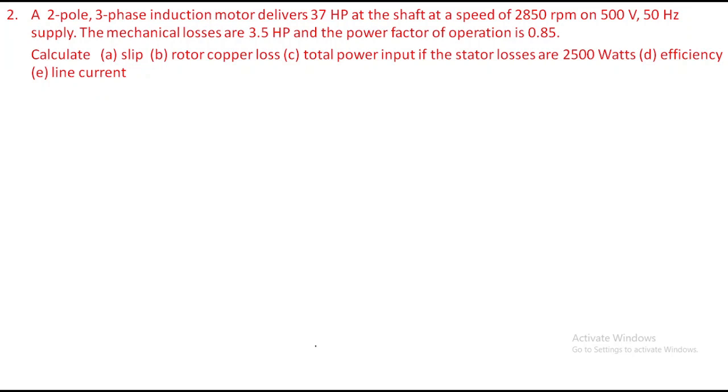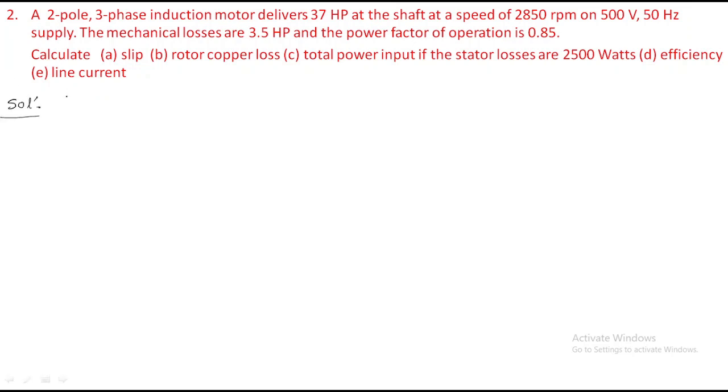The mechanical losses are 3.5 horsepower and the power factor of the operation is 0.85. Calculate: first, the slip; second, the rotor copper loss; third, the total power input if the stator losses are 2500 watts; fourth, the efficiency; fifth, the line current. This is the given problem. First, one by one, we have to write the given data.